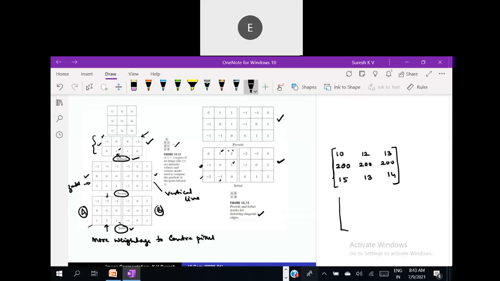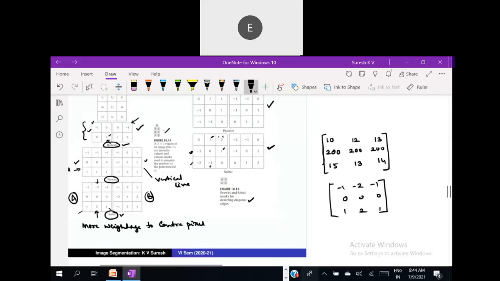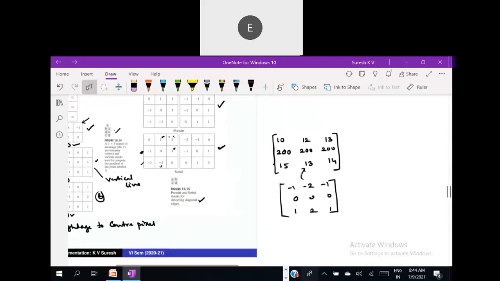So, if I use a Sobel filter of this nature, -1, -2, -1, 0, 0, 0, 1, 2, 1. Okay. So, when I apply this on this, what will be the center pixel value? Other pixels you cannot calculate exactly because the neighbors are not known. I just want the center pixel value, this value.